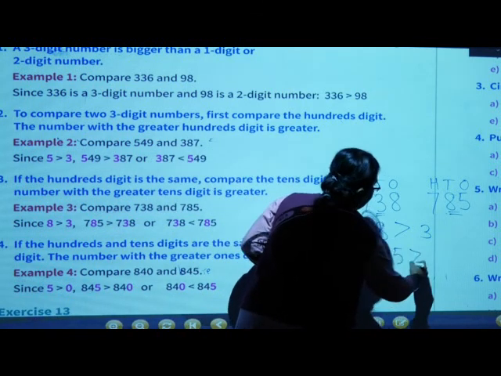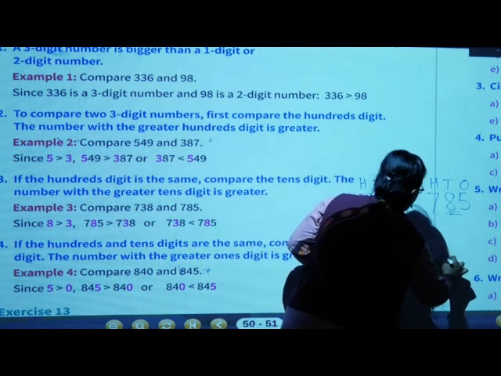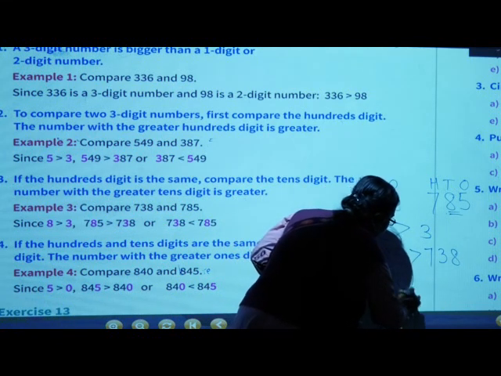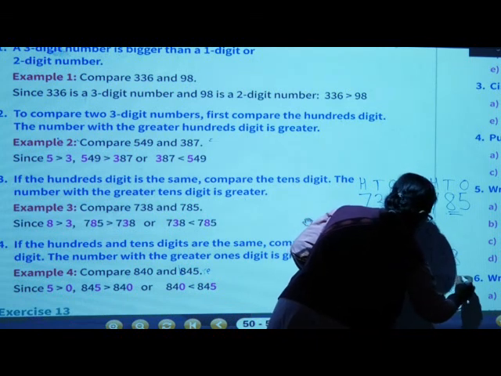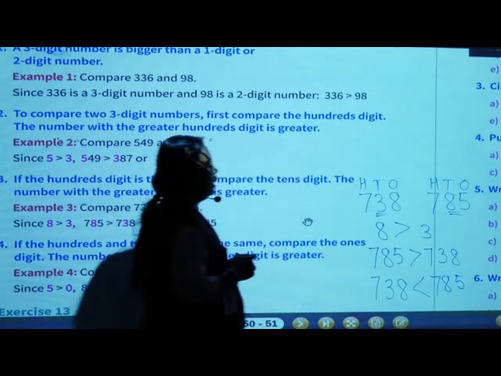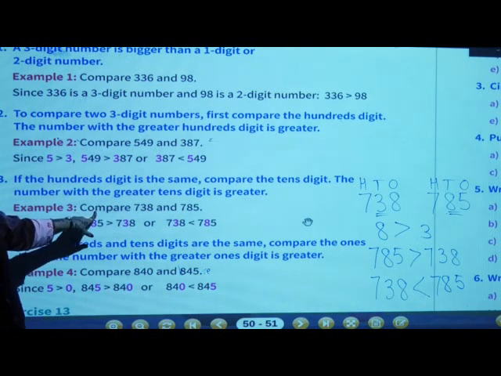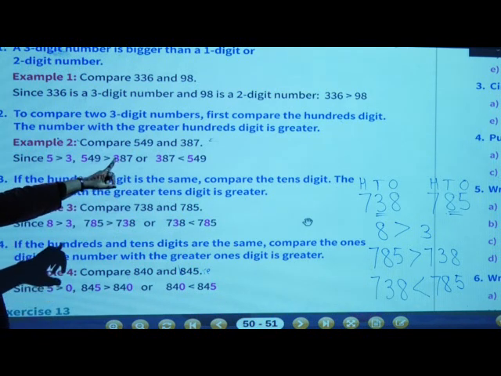So 785 is greater than 738, or 738 is smaller than 785. In this way, you can see. We have to take only the tens number. 3 digits: hundreds, tens, ones. What is in the tens place? 3.